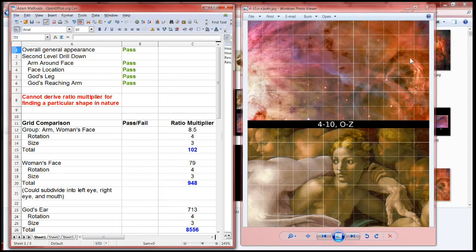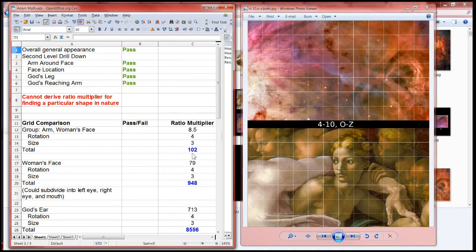We can go the other direction if we want to: 1, 2, 3, 4, 5 is where the right side starts. So the sizes are the same, and we end up with a ratio multiplier of 102.